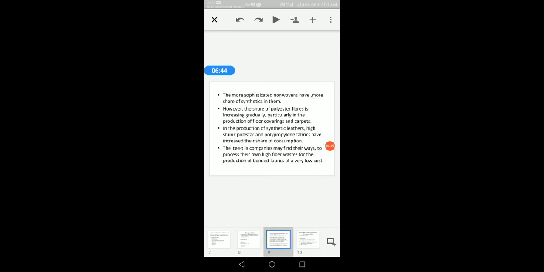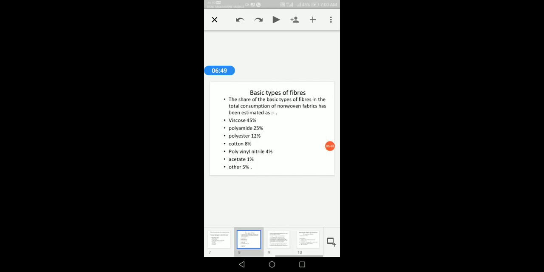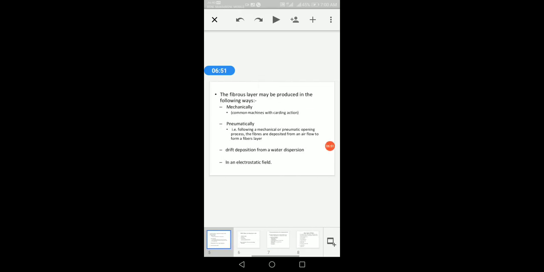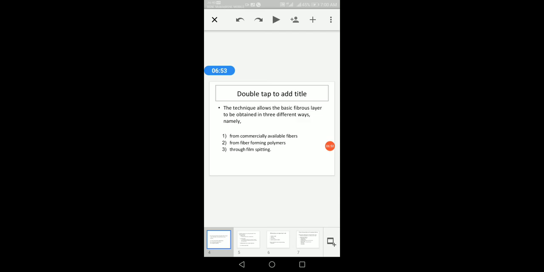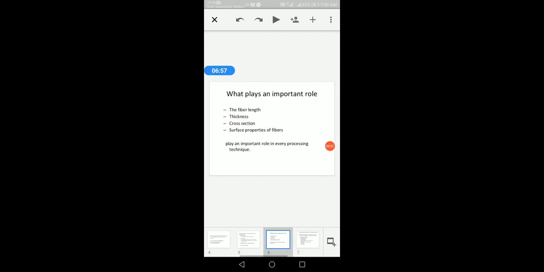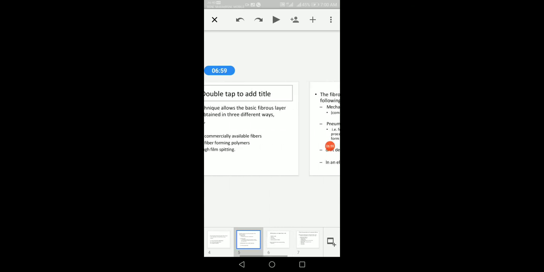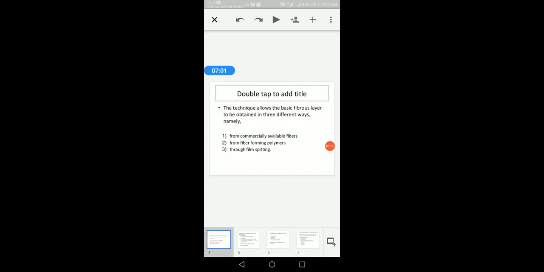Sophisticated nonwovens have polyesters increasing gradually, as in synthetic leathers. These are the basic raw materials, and the major importance lies in fiber length, thickness, cross section and surface properties of the fibers. There are two types of web laying systems used: mechanical and pneumatic. Thank you.